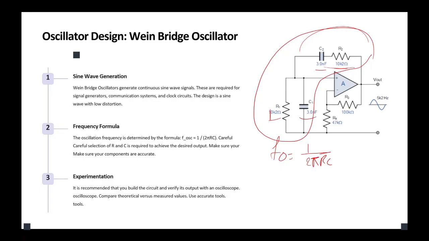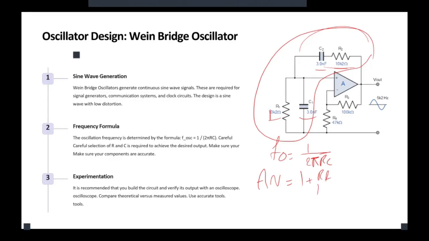Now, to keep the waveform going, the loop gain must equal 1. We already mentioned that. That means the op-amp must have a closed loop gain of 3. So Av, which is equal to 1 plus RF over Rin, should be at least 3, meaning that RF over Rin should be at least 2.